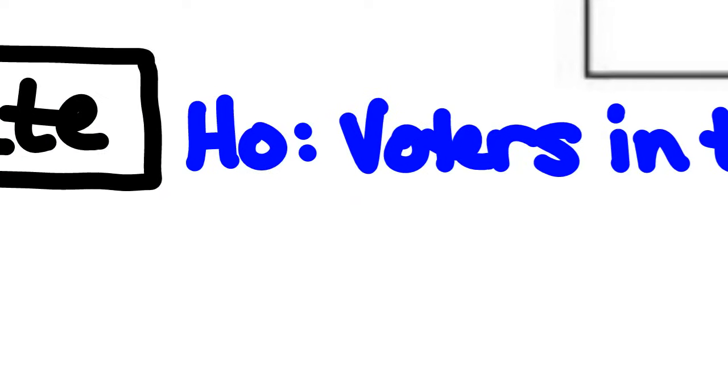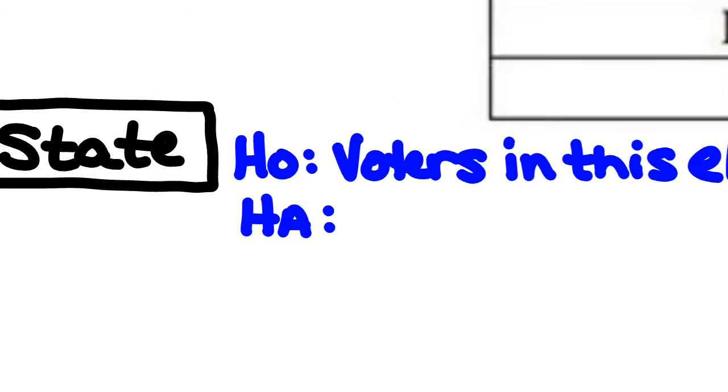And so then my alternative hypothesis would be that they did not vote according to the claimed distribution.